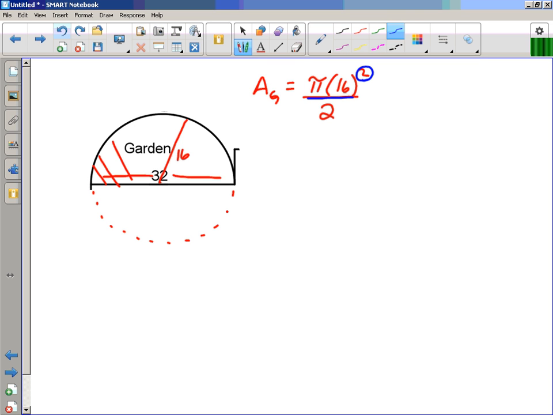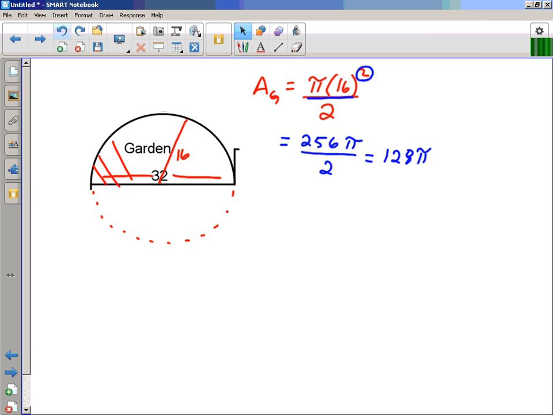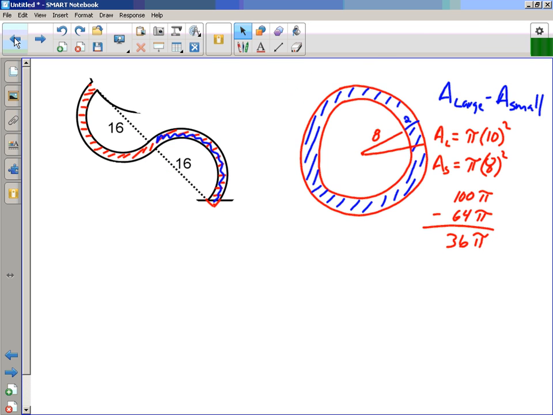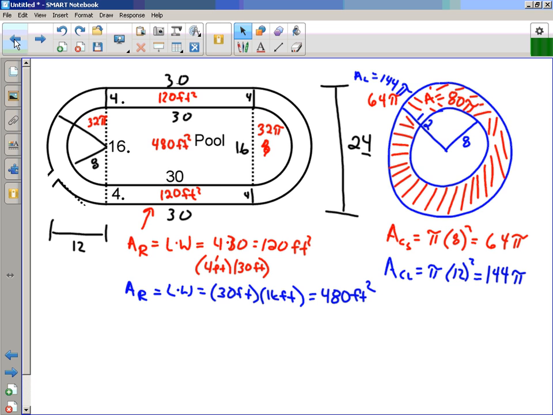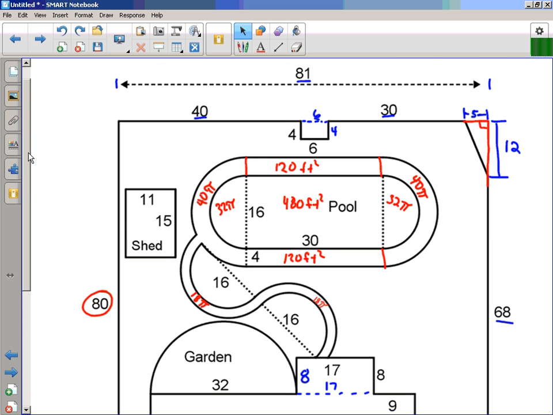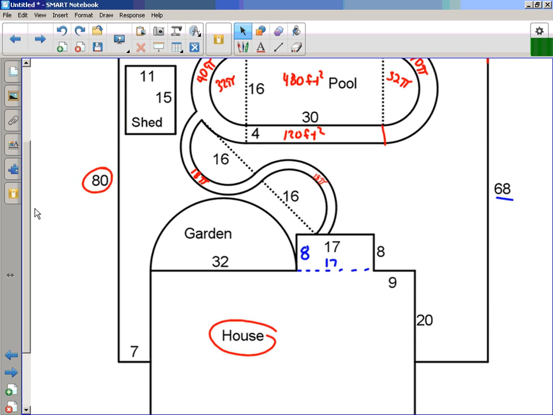So I'm going to do 16 squared first, which is going to be 256 pi over 2, which is 128 pi. We definitely want to keep leaving these pi's in there. I know they seem confusing, but they're much more accurate and easier to use later on. 128 pi, and these are all square feet. I should be putting those in. Feet squared.